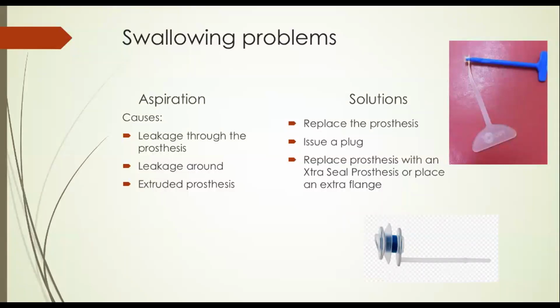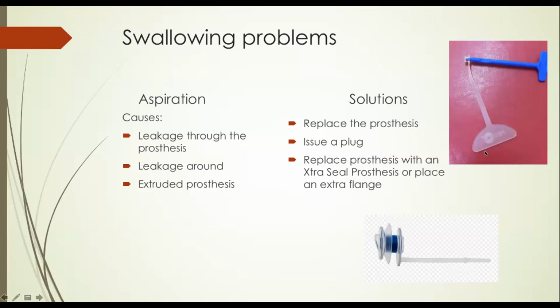When there's leakage through or leakage around, they need to come to us as soon as they can. And then we look at replacing the prosthesis. If it's leakage through, it means that flap is not working, we need a replacement. Again, with our stock issues and budget cuts, it impacts on availability of prosthesis.